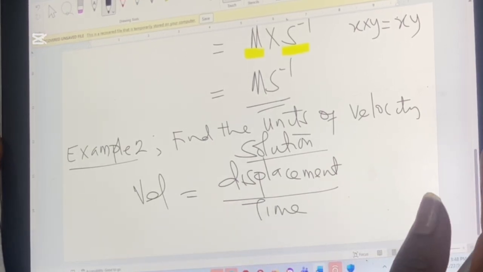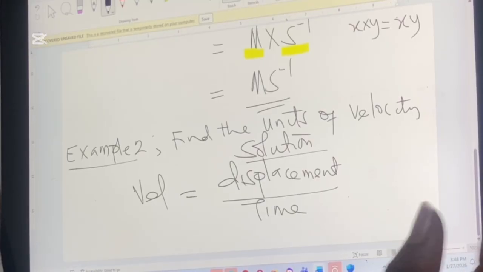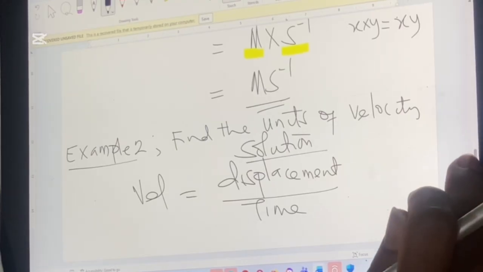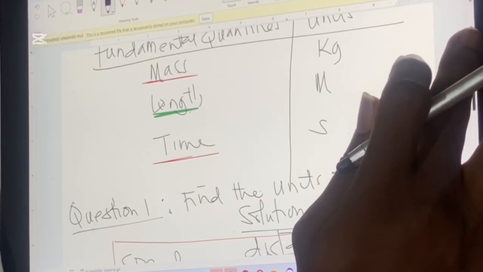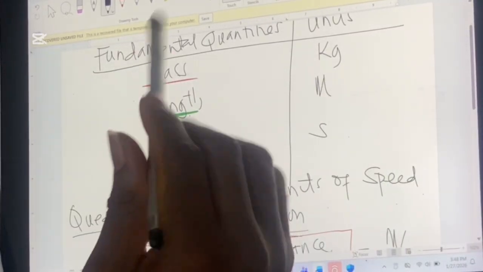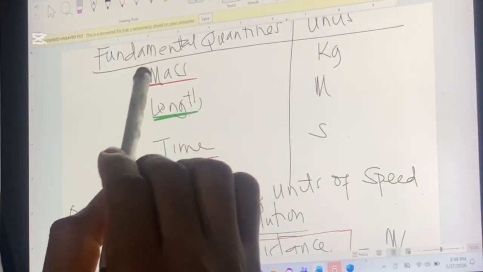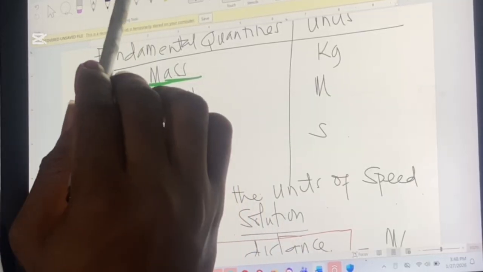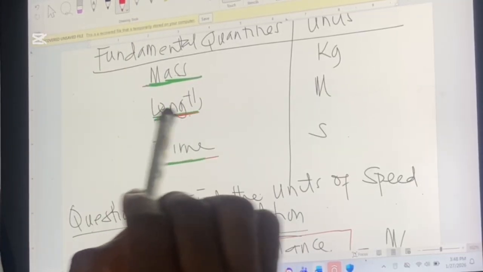So the next step is to reduce the formula to its fundamental quantity. So now let's classify displacement to its fundamental quantity. Displacement can be classified as length. Please take note, because it's not mass, and it's not time. So it's going to be length.